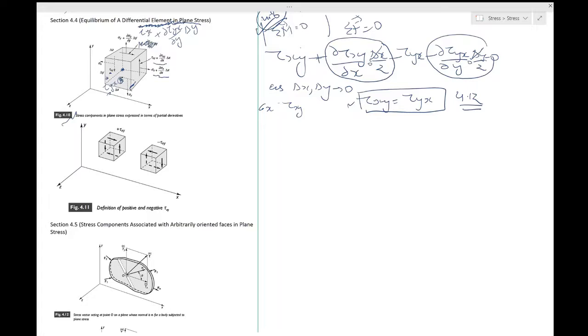So that was something which we arrived at by taking the sum of moments about the center of this solid as 0.